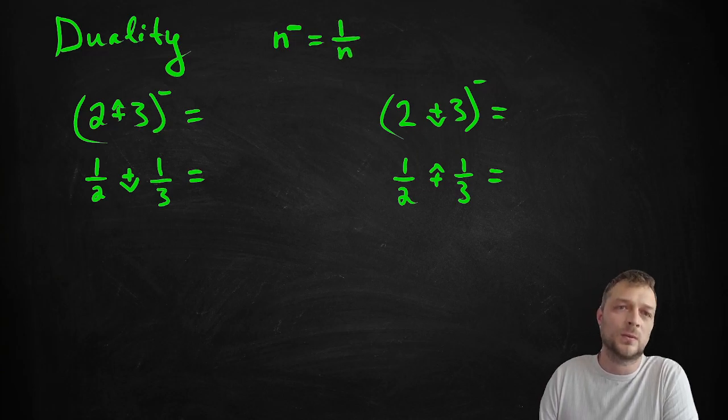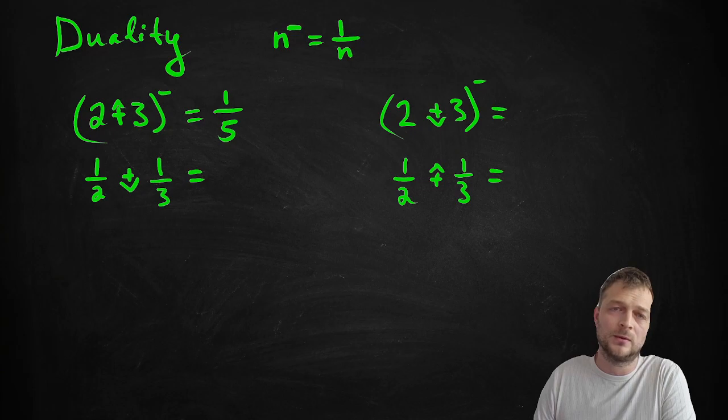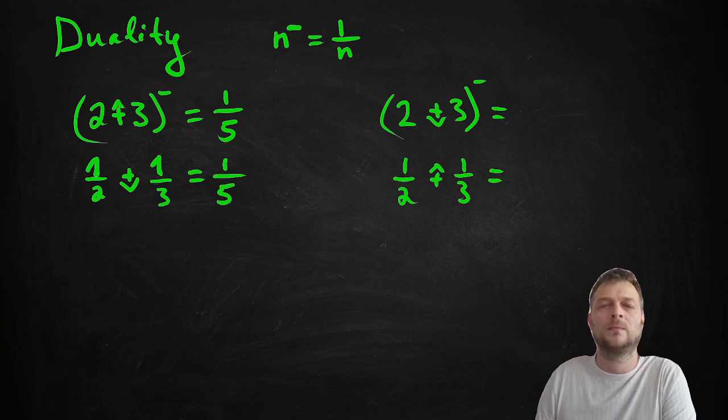Let's see what we get for all these expressions here. 2 plus 3, just standard plus, is 5, and minus gives us 1 over 5. Here on the bottom we care about the same numerator, so 1 here and 1 here. We are good, so we have 1 and 5 at the bottom.